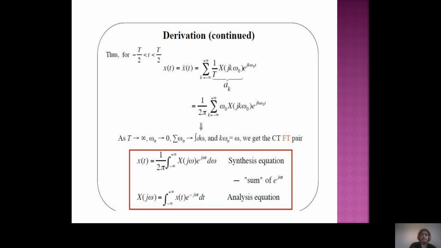And the analysis equation is X of j omega equal to the integral from minus infinity to infinity of x of t e power minus j omega t dt.